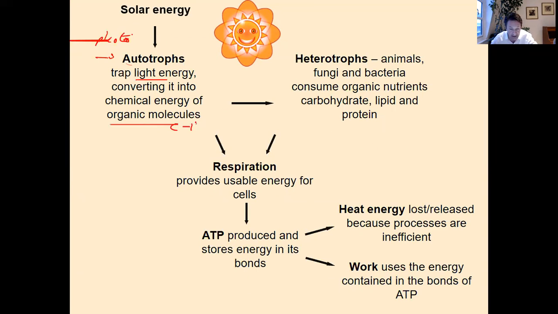So this is effectively carbon-hydrogen bonds, which can then be used to make amino acids, DNA, RNA, glucose, sucrose, everything in all living things, to be honest. Now that then gets respired by the autotrophs, and it also gets consumed by the heterotrophs. Now respiration then ends up producing ATP. ATP is used to carry out work, and also it releases heat because there's inefficiency in some of these processes.